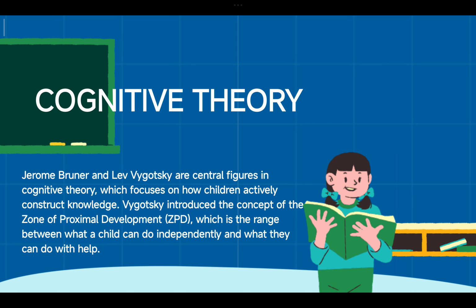Next is the cognitive theory. Jerome Bruner and Lev Vygotsky are central figures in cognitive theory, which focuses on how children actively construct knowledge. Vygotsky introduced the concept of the zone of proximal development, or ZPD, which is the range between what a child can do independently and what they can do with help.